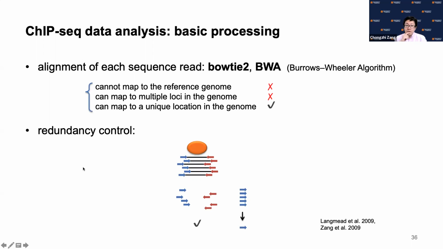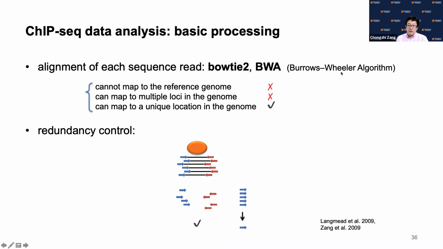Okay, so we start from the very beginning. The basic ChIP-seq analysis pre-processing of the data includes, as the first step, using very widely used bioinformatics tools, including Bowtie2 or BWA, to do the sequence alignment, which means we want to map the short sequence reads back to the reference genome. Both of these tools have B and W in the name, which stands for Burrows-Wheeler algorithm.